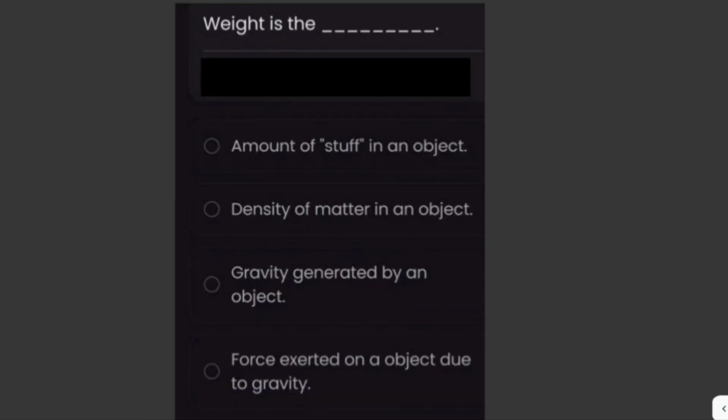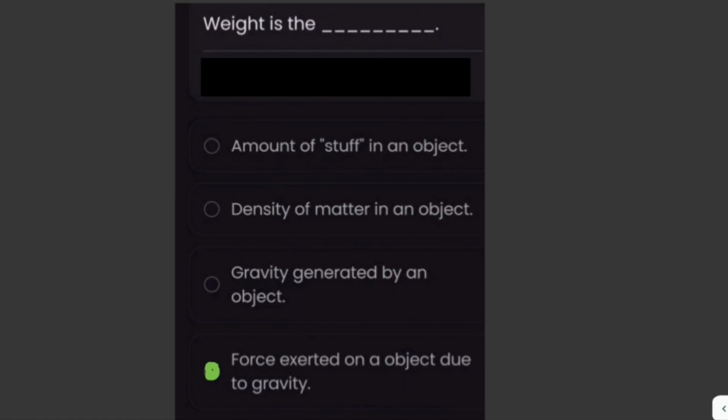Weight is the blank: amount of stuff in an object, density of matter in an object, gravity generated by an object, or force exerted on an object due to gravity. The answer here is this one. Weight is the force exerted on an object due to gravity, and it is a measure of the gravitational force pulling on an object's mass.